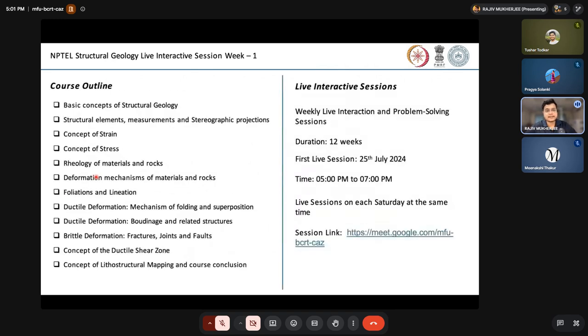So this is the course outline. From the very first week, we cover the basic concepts of structural geology, and then in the second week we have the structural elements, measurements and stereographic projections.